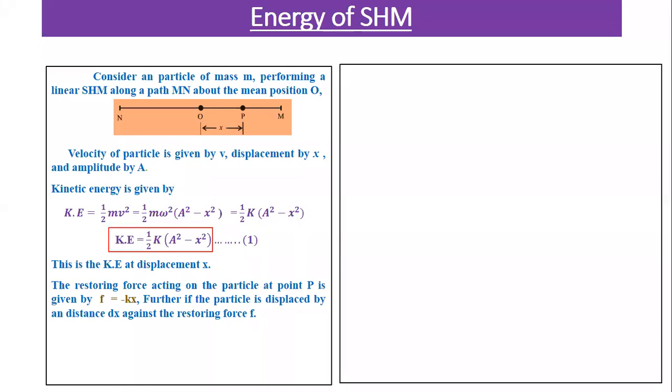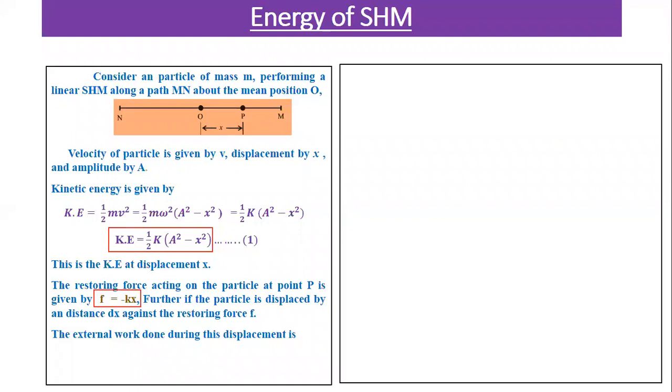Now we obtain potential energy. We consider a restoring force, which is given by the formula F is equal to minus kx. The negative sign indicates that the restoring force and displacement are oppositely directed. Now, some displacement occurs, so definitely some work is done to displace that particle.